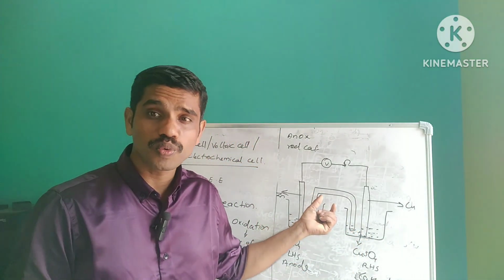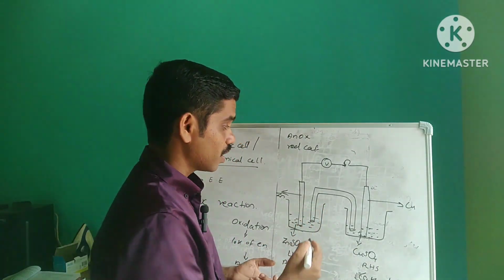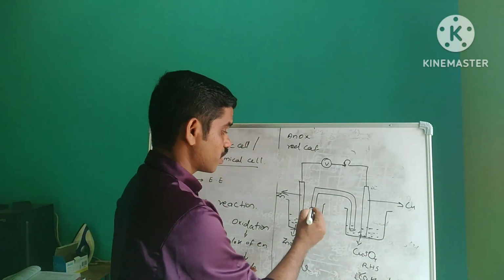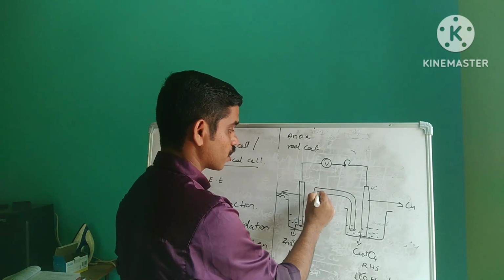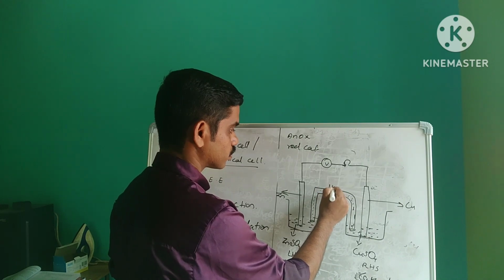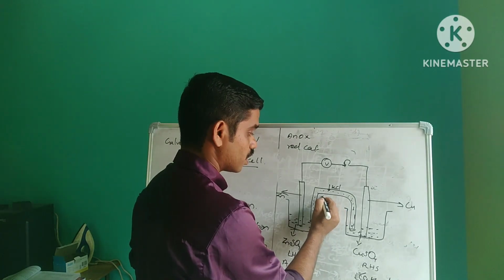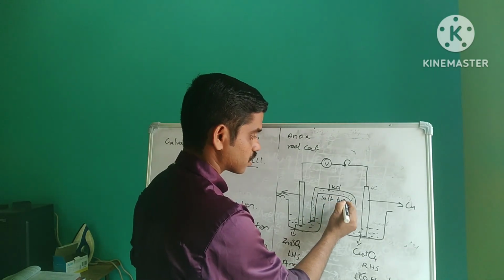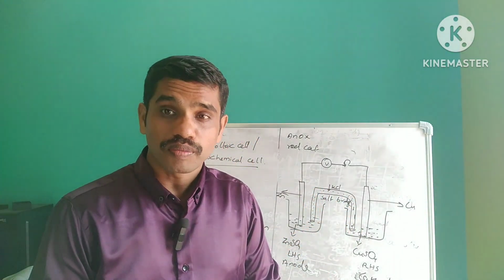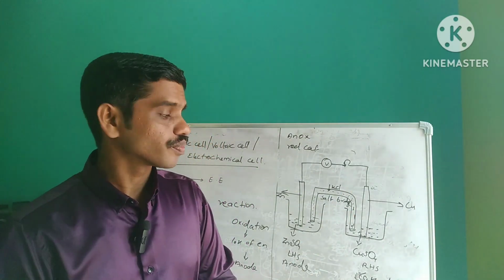One U-shaped tube is connected, and this tube is filled with an electrolyte like KCl or ammonium chloride or ammonium sulfate, any one of the electrolytes. KCl is mixed with agar, and this U-shaped tube is called a salt bridge. The salt bridge is very essential for the normal working of this cell.